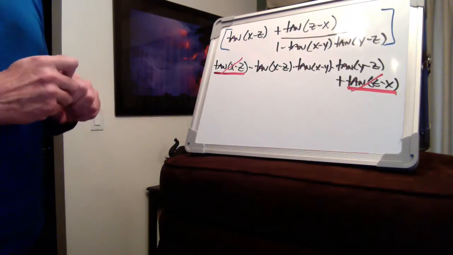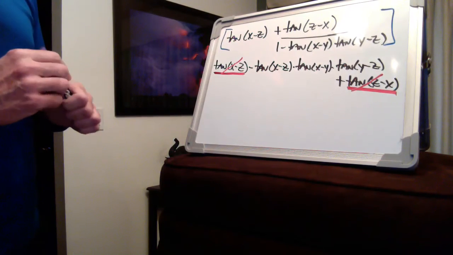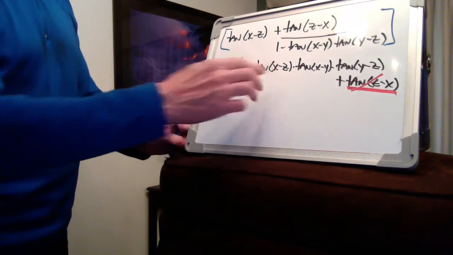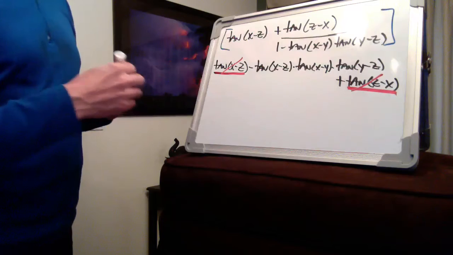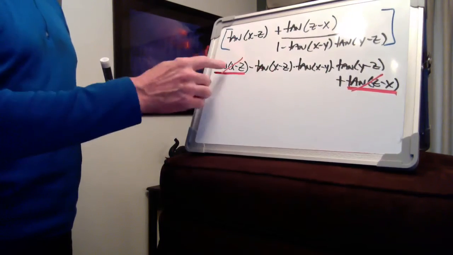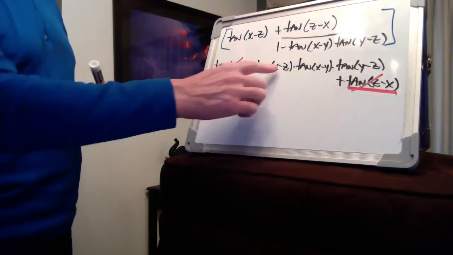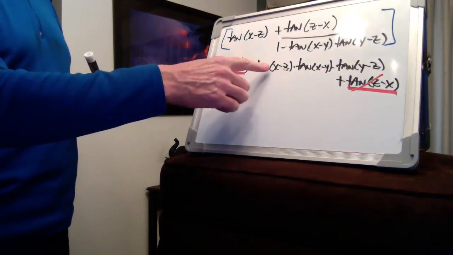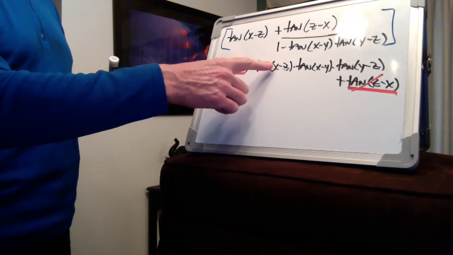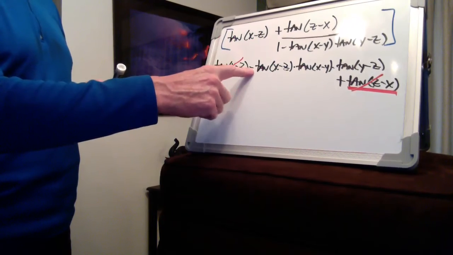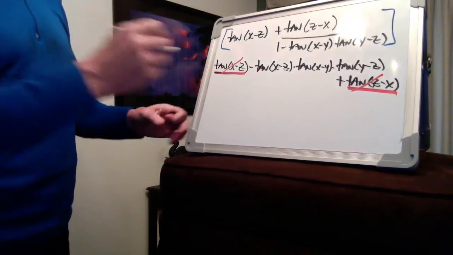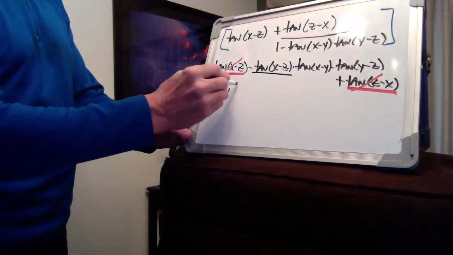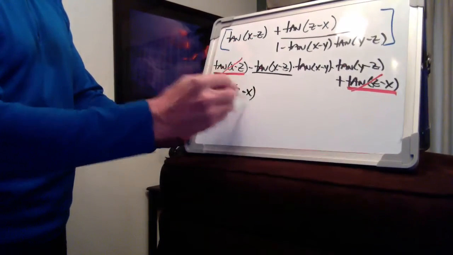Okay, and the only thing that I'm missing here is that this should be z minus x. That's what I said before, I almost have everything that I want. So I'm going to use the same concept I did here to cancel these out. I'm going to take out the opposite here, and then use the concept that tangent is an odd function, so that this will become positive. So this term right here will become tangent of z minus x.